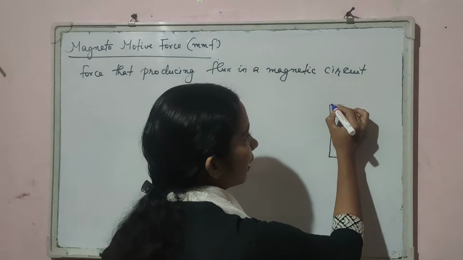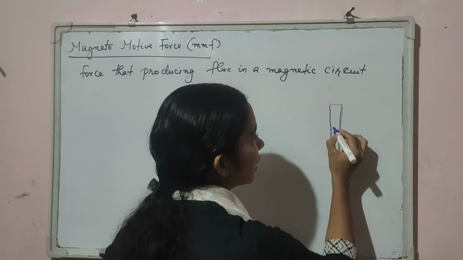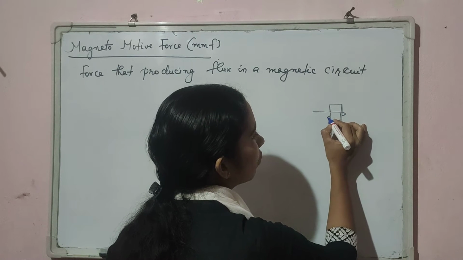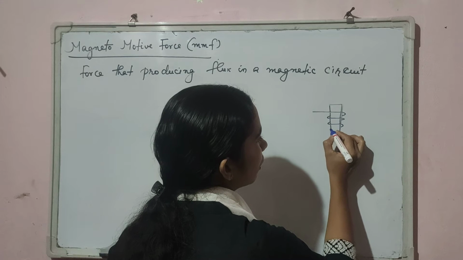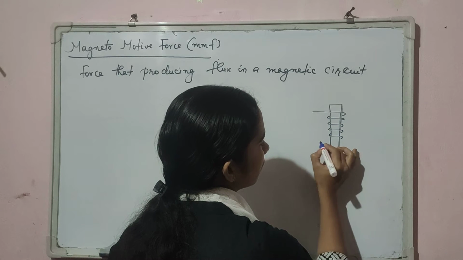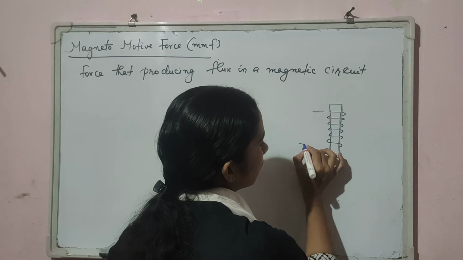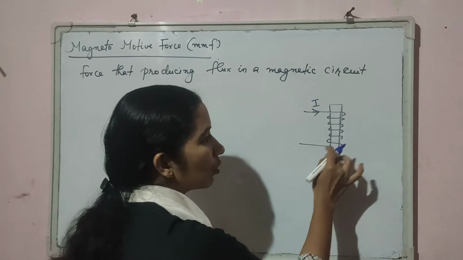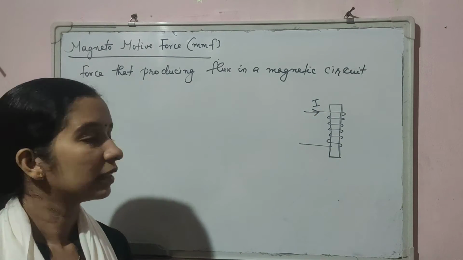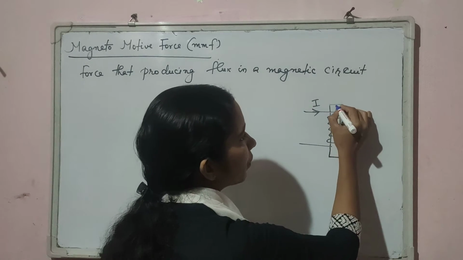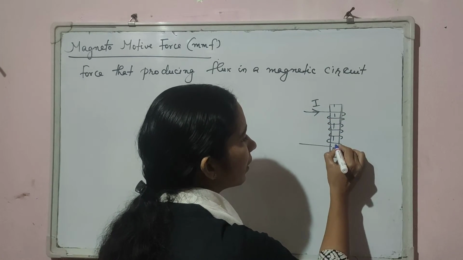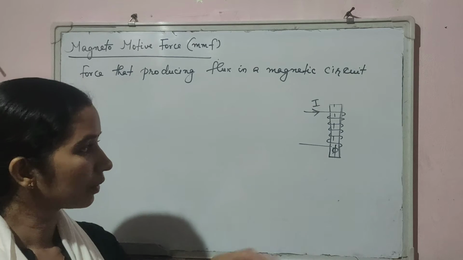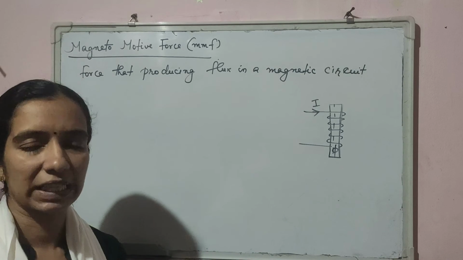So we have a piece of iron like this, and if we wind a coil around it, and if we pass a current of I amperes through this coil, then a flux will be produced in the iron material. So the iron material will become a magnet.